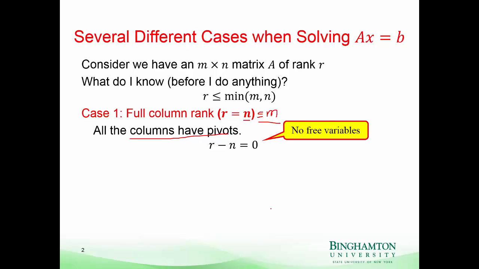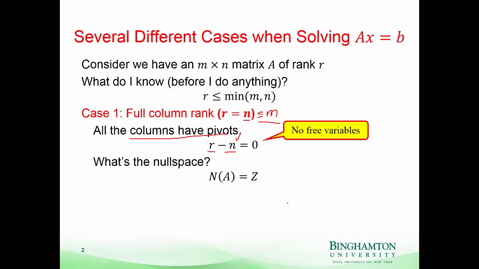And therefore the number of free variables that we would have would be 0, because the number of free variables that we end up having is r minus n. And remember, n is the number of possible total variables that we have. Actually, it's the other way around. I think n minus r. But either way, in this case, it ends up being equal to 0.